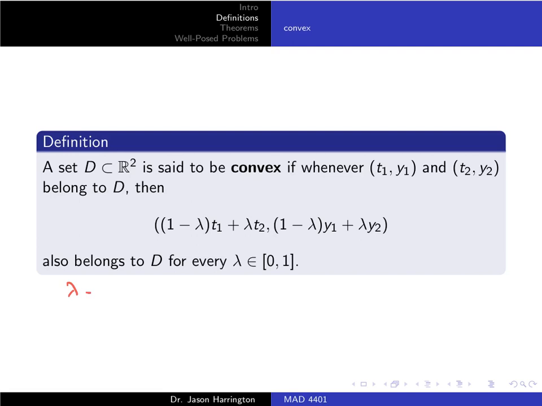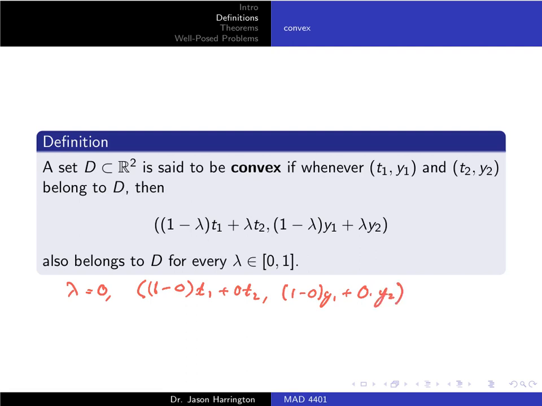You'll notice that if lambda is equal to 0, then I'm going to have the point 1 minus 0 times t1 plus 0 t2, comma 1 minus 0 y sub 1 plus lambda, which is 0 in that case, 0 times y sub 2.